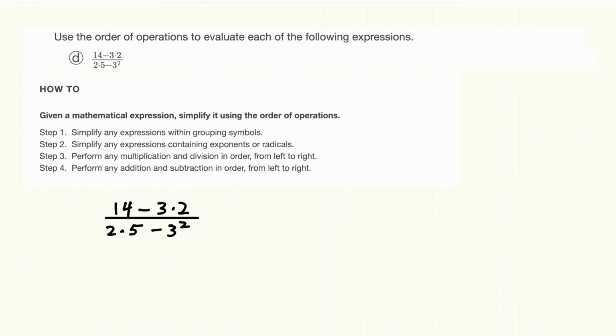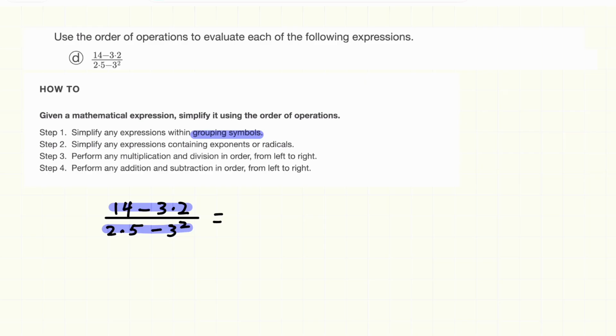In this example, when we start with grouping symbols, the numerator is grouped together and the denominator is grouped together. So we would start by simplifying this, and we will need to see which has priority in the numerator and in the denominator.